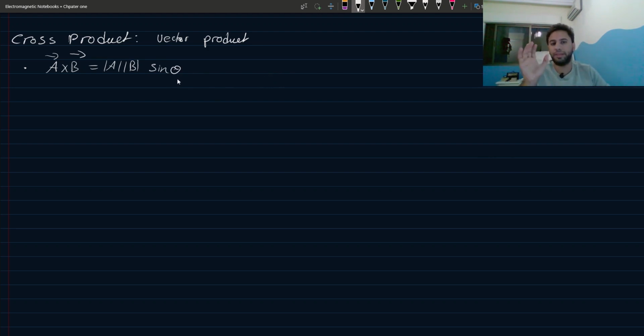And theta is the same theta as above. It's the smaller angle when we put the two vectors from tail to tail. We also have an extra component in the cross product, which is a unit vector component, and it's called An.